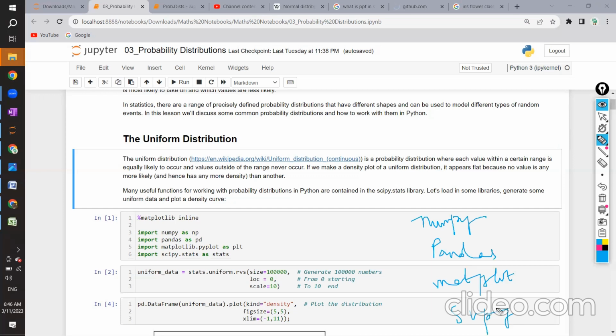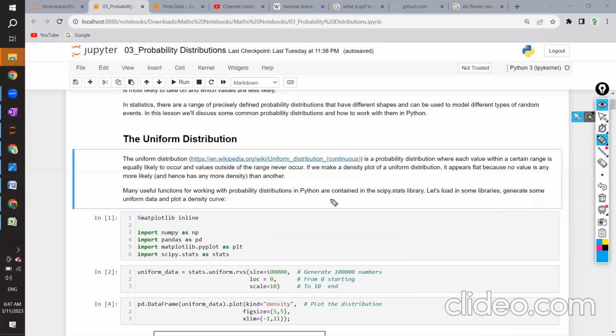NumPy is for arrays, numerical Python for array and matrix operations; pandas for data frames; matplotlib for visualization; SciPy for statistics mostly. And apart from this, you have sklearn, which is the master library for complete machine learning. Today we are going to focus on the SciPy part.